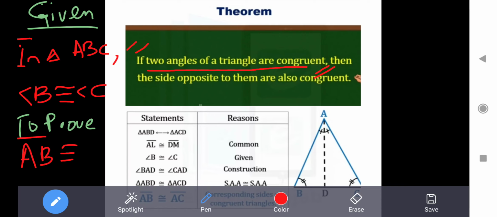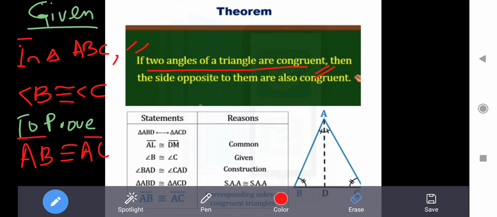They have told in the statement the sides opposite to them. The side opposite to angle B is AC, and the side opposite to angle C is AB. So these are the sides for which we need to show congruency, or we need to show these two sides are equal.